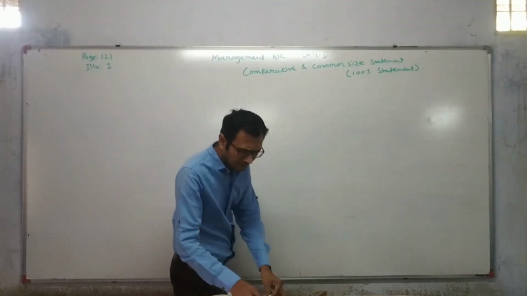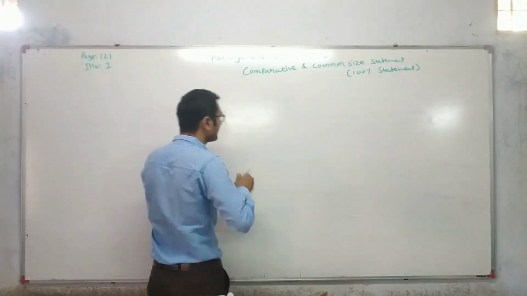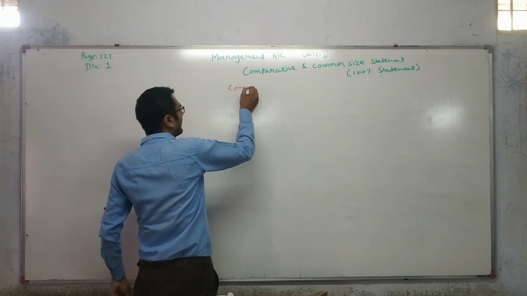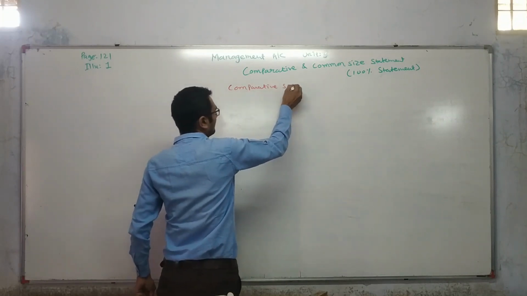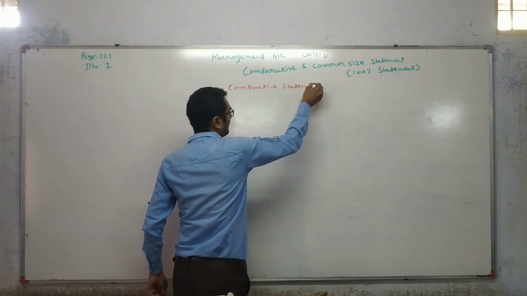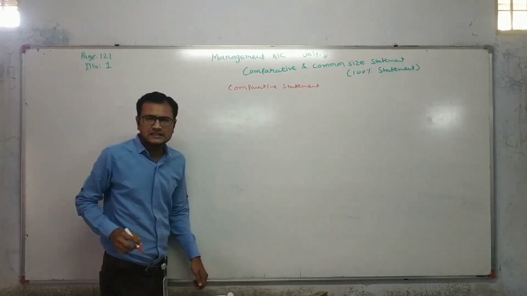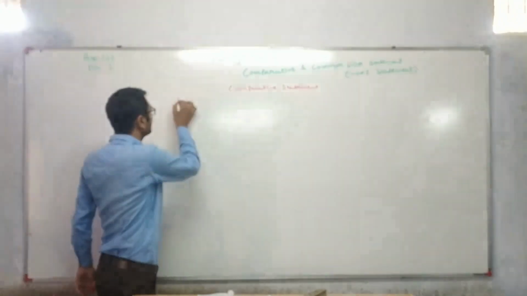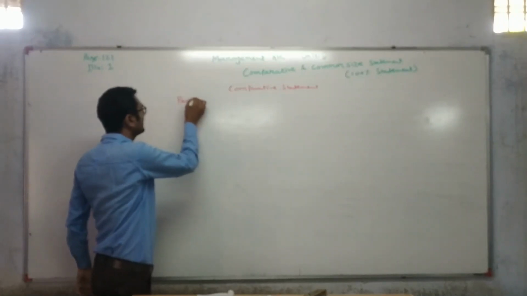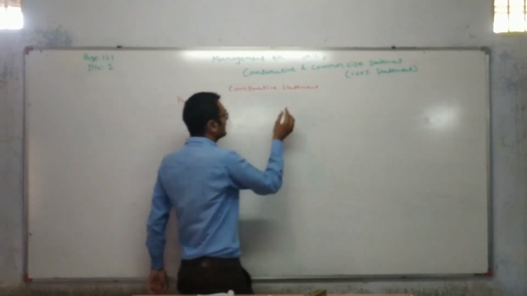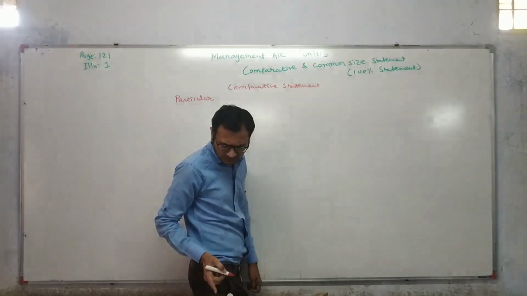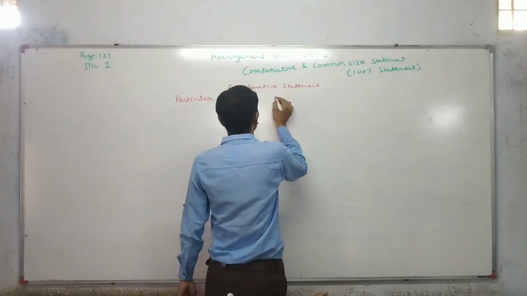So comparative statement, there is a simple format. First is a column regarding particulars, and now information about 2006 and 2007 is given.